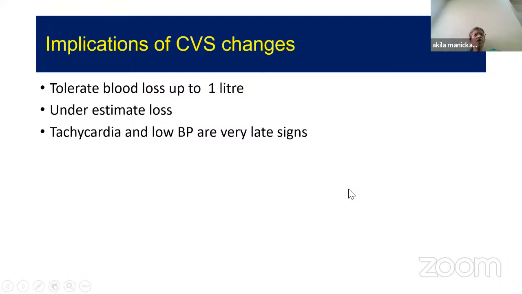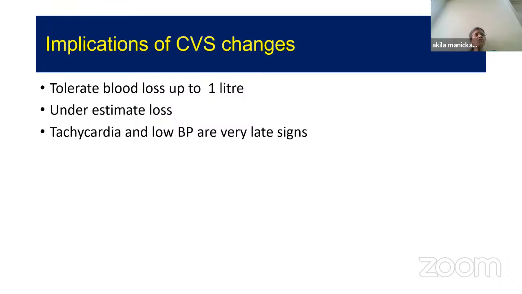Because the blood volume, as I said, increases to about 94 ml per kg, even when the patient loses around 1000 to 1500 ml of blood, they compensate very well and do not have compensatory symptoms such as hypotension. So we tend to underestimate blood loss. That is number one.